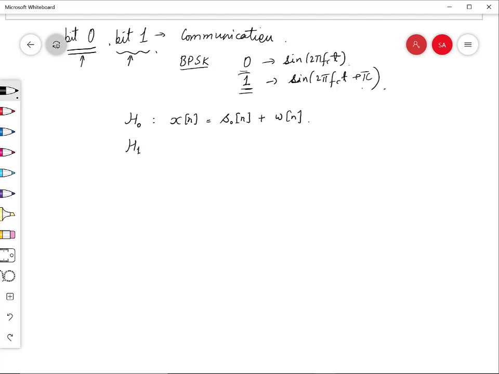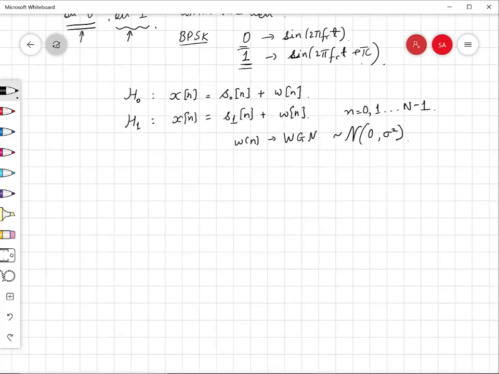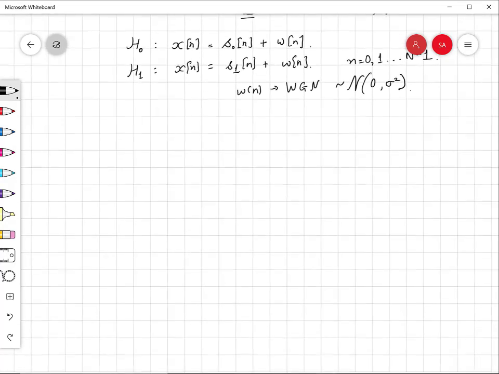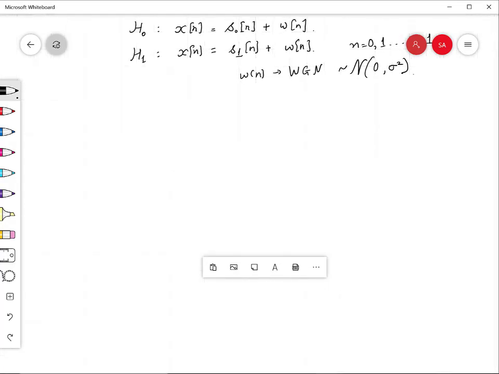Hypothesis 1 says that some other signal, let's say s1[n], was transmitted, plus white Gaussian noise. So n ranges from 0, 1 to capital N minus 1, and w[n] is white Gaussian noise with mean 0 and variance sigma square.